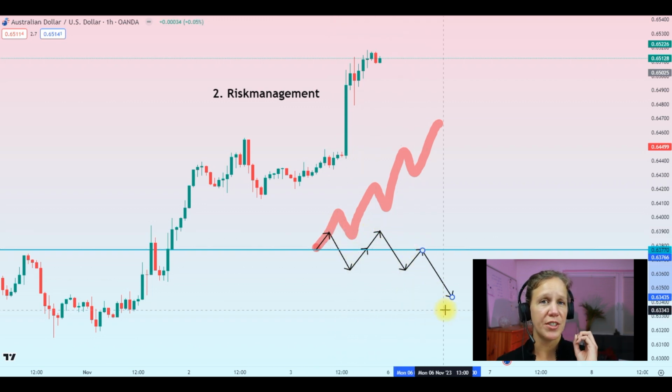And what I want to tell you with this example is you need to have a structure in your trading and in your position sizing. You need to know exactly with how much capital you're trading and which risk you're taking per trade and in which situation. We will go deeper into this in a separate video.